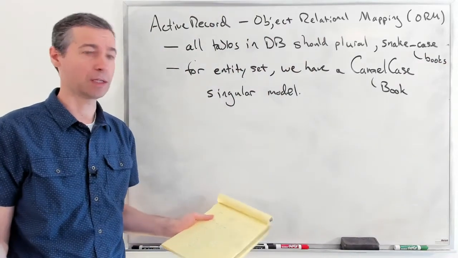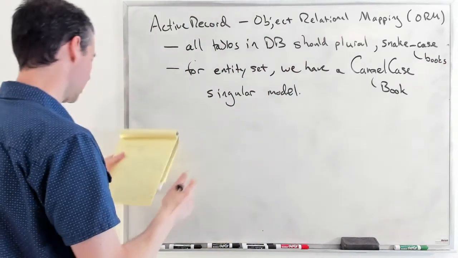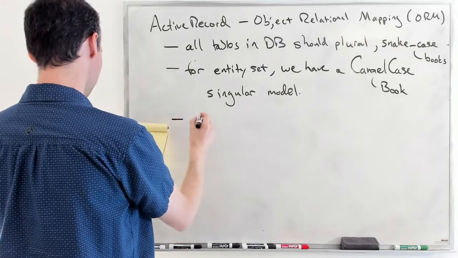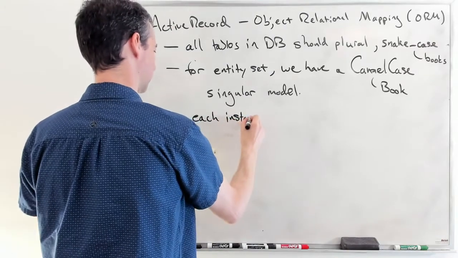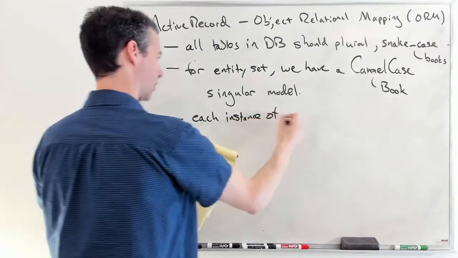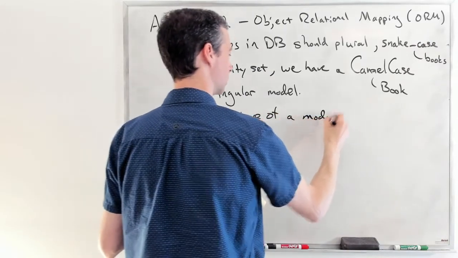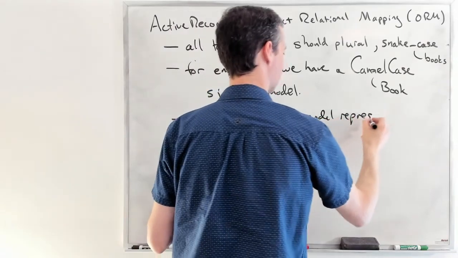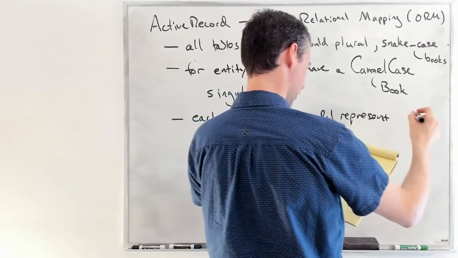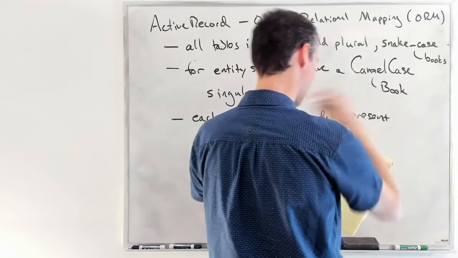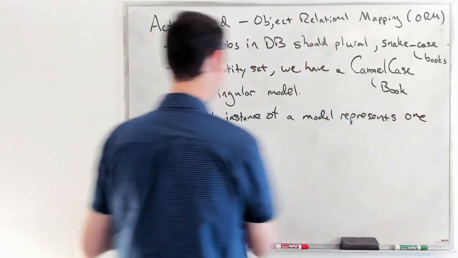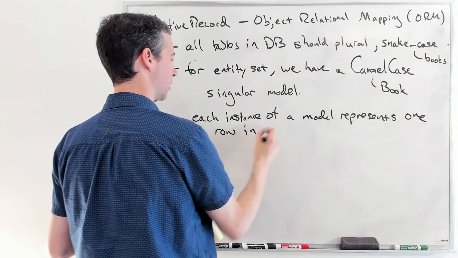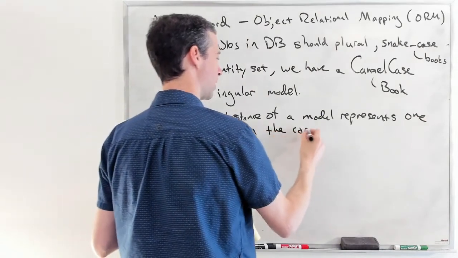It's just the way it is. All right. As I just said, each instance of a model represents, and these are active record models, represents one row in the corresponding table.